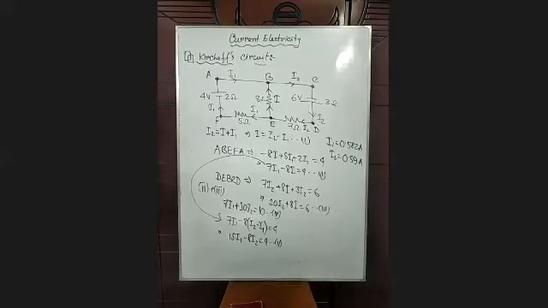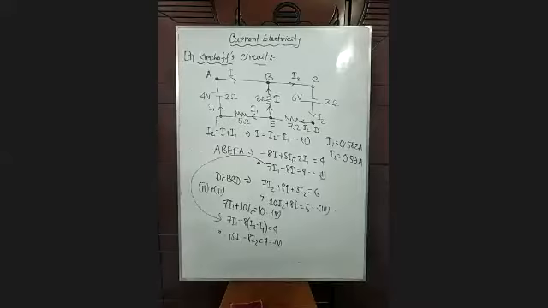Yes, sir. So you see that the values of I1 and I2 are positive. That means we have decided the right path where the current is flowing. The path along which we drew the currents was correct. That's why you got positive current.